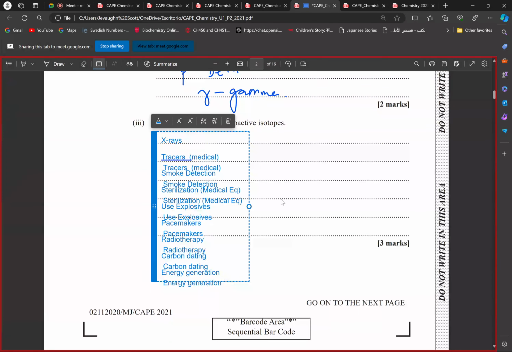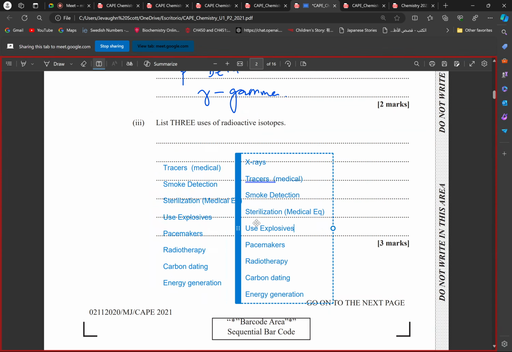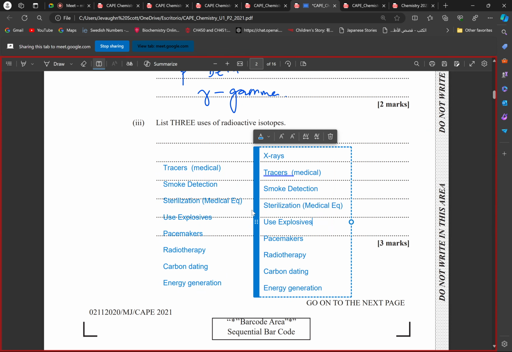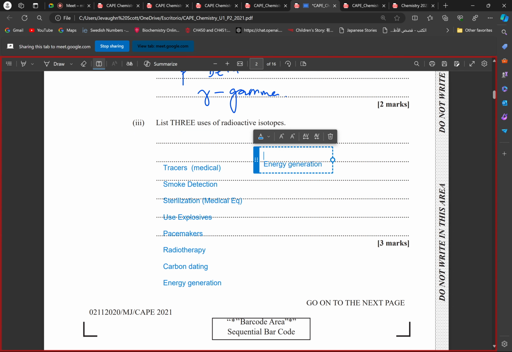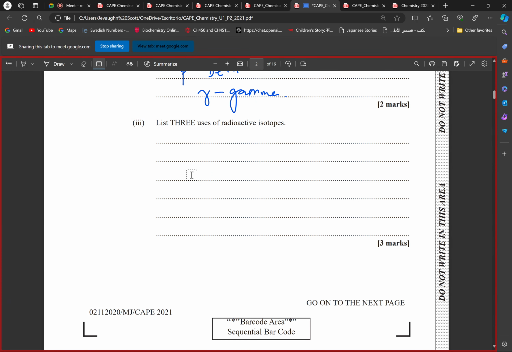Using explosives, we have uranium generally, or we could use plutonium specifically. We can have pacemakers as well, and radiotherapy, generally radium. I'm not sure if you saw where all that I wrote just disappeared. Let's just put carbon dating here.